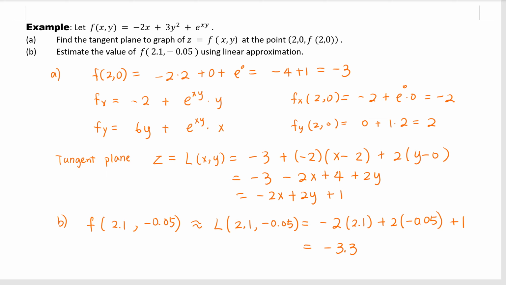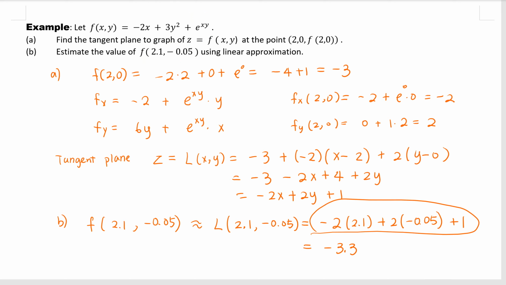So you can see we can calculate it by hand, right? We don't need a fancy calculator. And well, that's awesome because look at this guy, e to the xy, right? If you want to put this number into our function, we have to use a calculator.